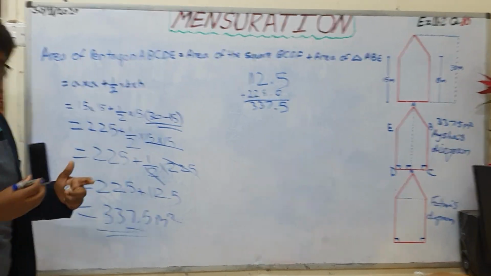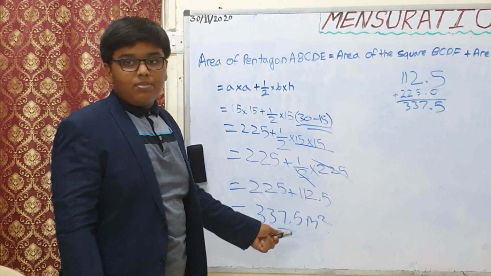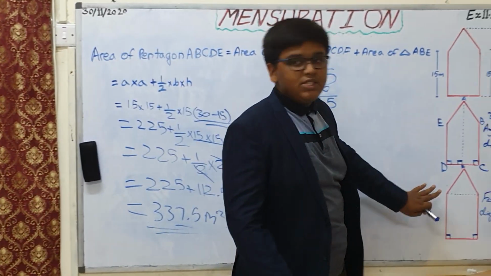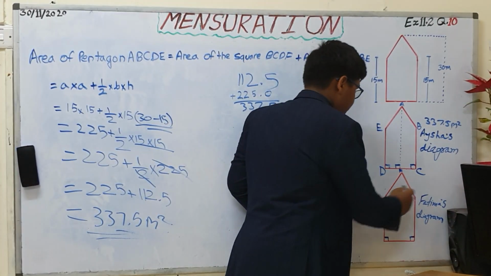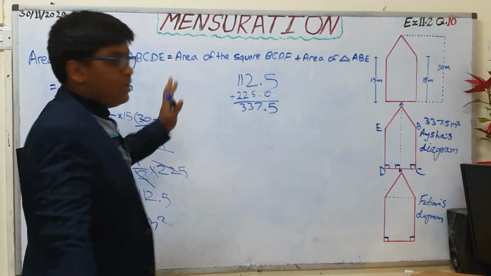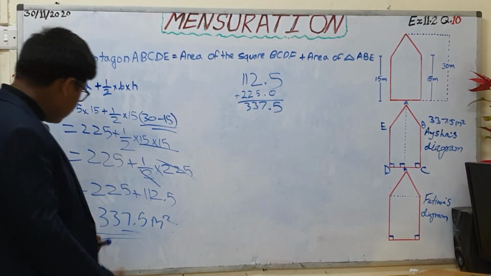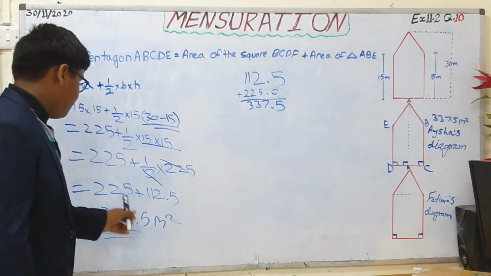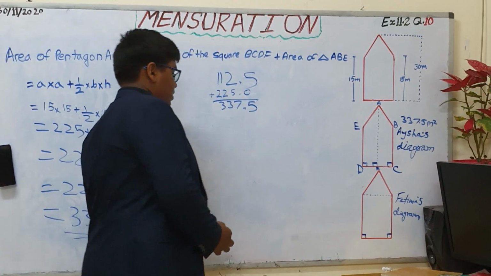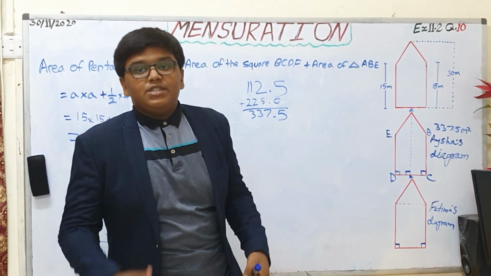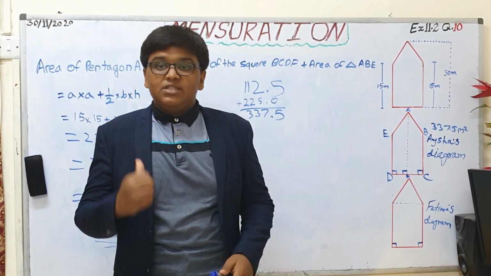This is the whole area found for Fatima's diagram. So we did all this calculation, and we got the answer 337.5 meters square. So I'm going to erase this, and we will continue on the third part.